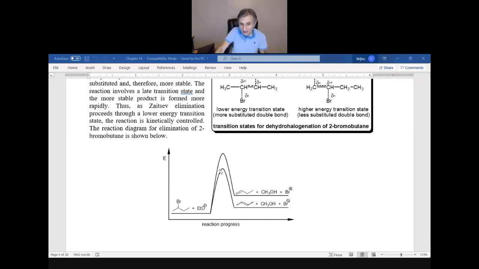So this product, more substituted product, is both kinetically favored because transition state that leads to its formation is lower energy transition state. That means that reaction is faster, so it's kinetically favored. And it's also thermodynamically favored because it's more stable product. It's thermodynamic sink in this reaction.